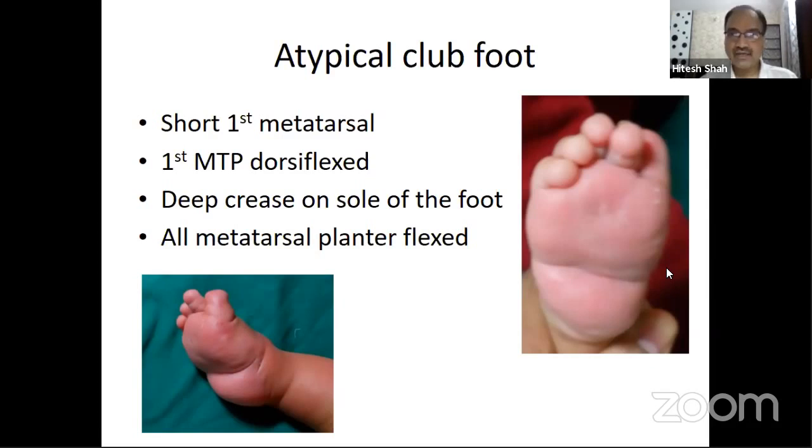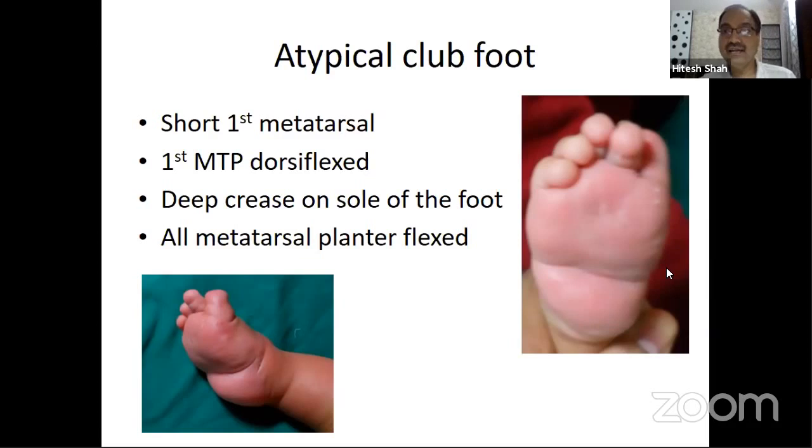In typical clubfoot, we can correct the cavus by lifting the first metatarsal. When we lift the first metatarsal, the lateral rays would still be plantar flexed. So the two hand technique or the two finger technique is used to correct this deformity. We need to apply pressure on the first and the fifth metatarsal to correct it.